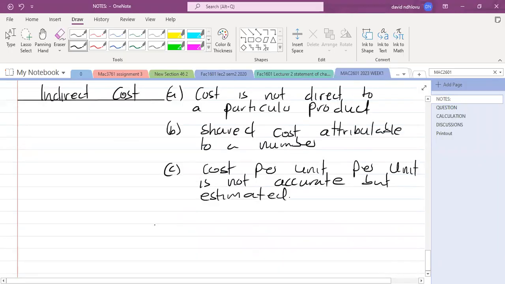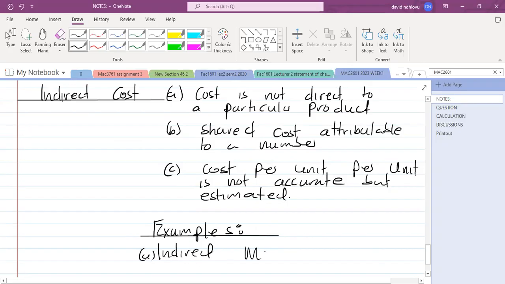Right, let's give examples. Number one, we have indirect material. By default, material is usually direct. Only in one rare instance can material be indirect material.